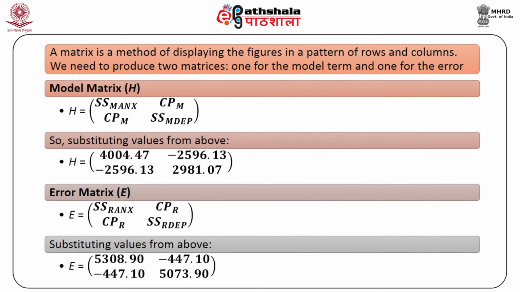Similarly the error matrix, which is represented as E, is also found, in which we do the rows and columns as cross product of the residual and the cross product of the depression, and similarly the values are calculated in the equations above, and we substitute them and create two matrices, one the error matrix and the other one the model matrix.